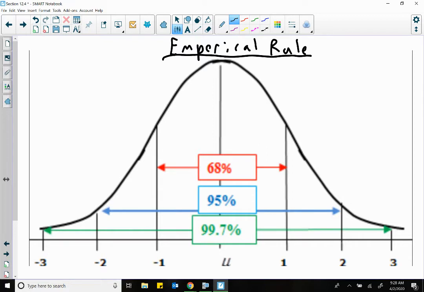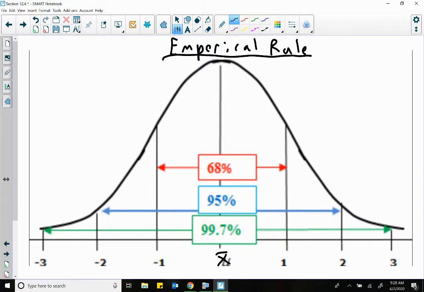Okay? So the empirical rule says that between one standard deviation, and this is your standard deviation right here, this is your mean, this is X bar. Between these two lines, within one standard deviation, you have 68% of your data. Between two standard deviations, 95% of my data exists.